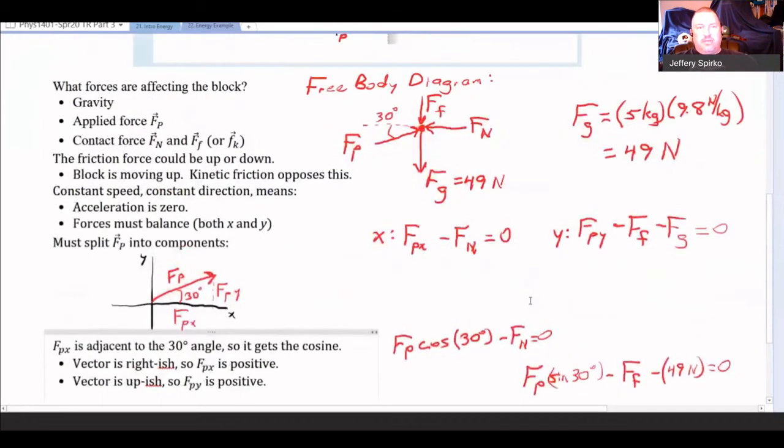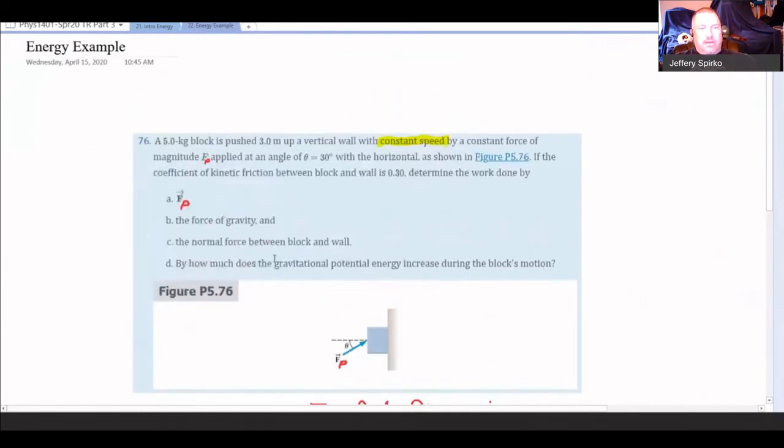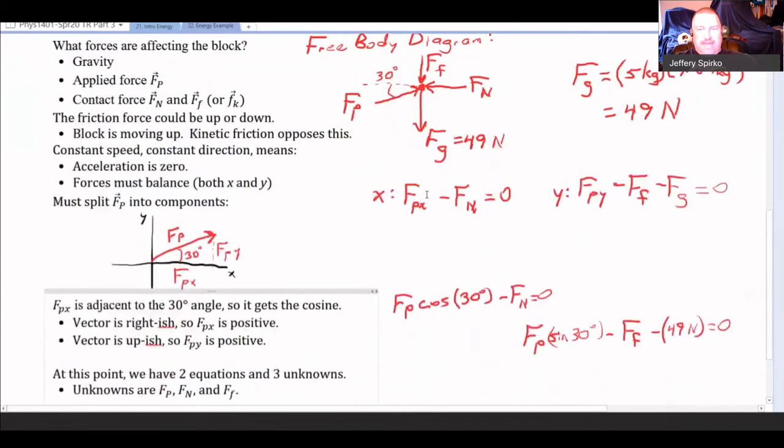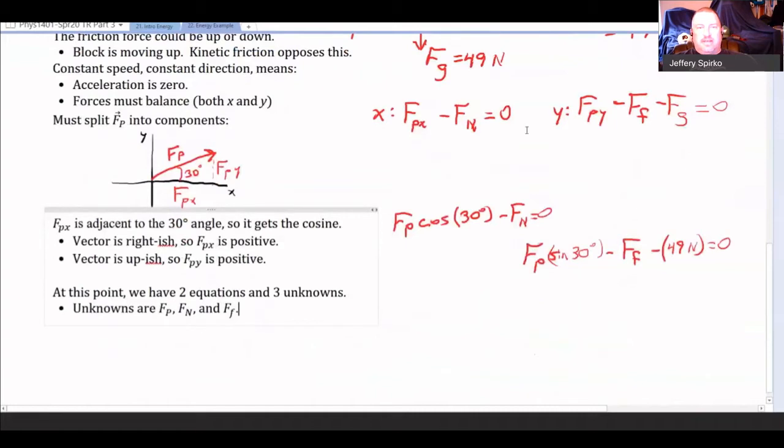Even though I didn't know the strength of the pushing force because it wasn't told to me, I have managed to take two variables, the x component and the y component, and reduce them down to one variable, just the magnitude of the pushing force. And the magnitude times the cosine is the x component, the magnitude times the sine is the y component. So this process here brought me from 4 variables down to 3.